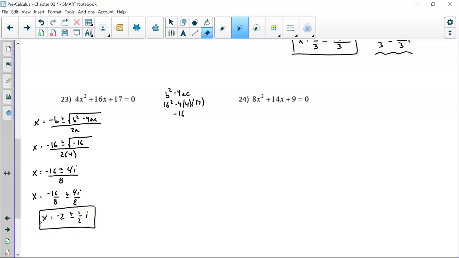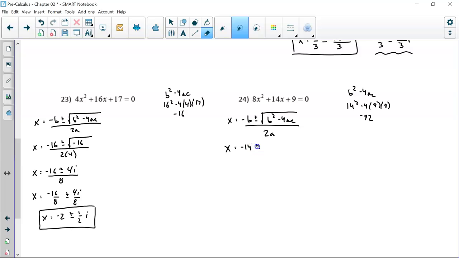And then finally, problem number 24. b squared minus 4ac, just to make sure I can't factor it. 14 squared minus 4 times 8 times 9. So after all that, you get a discriminant of negative 92. x equals the opposite of b plus or minus the square root of b squared minus 4ac, all divided by 2a.